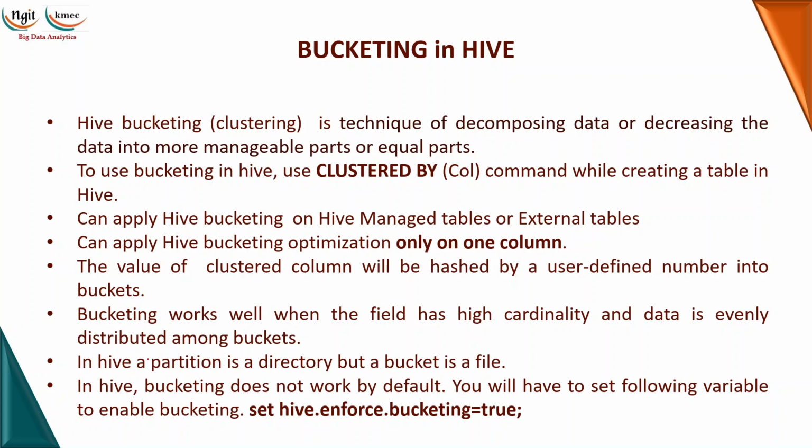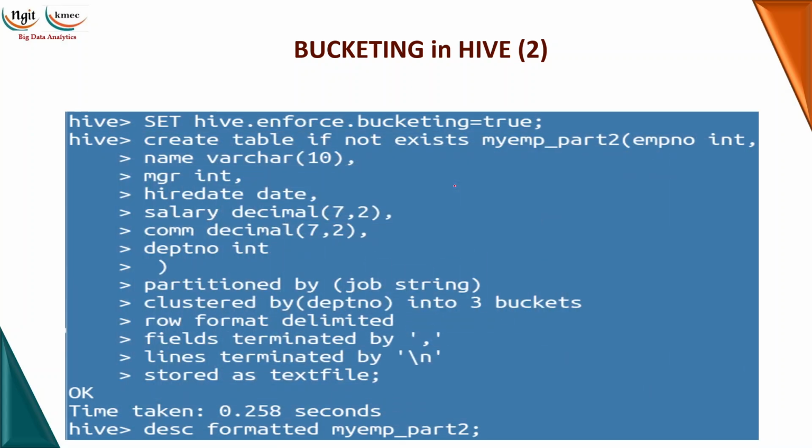It will make the analysis and retrieval of the data easier. For that, you have to set hive.enforce.bucketing equal to true, and specify clustered by column name. You can see the example: set hive.enforce.bucketing equal to true, and then we create the table with partitioned by and also clustered by.